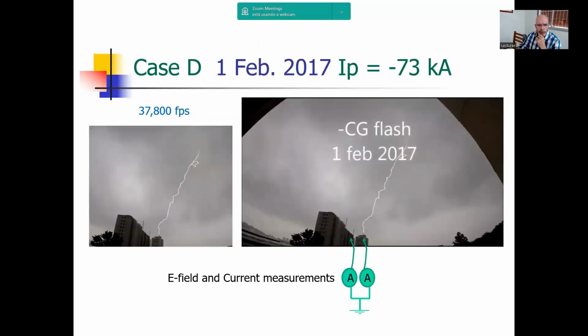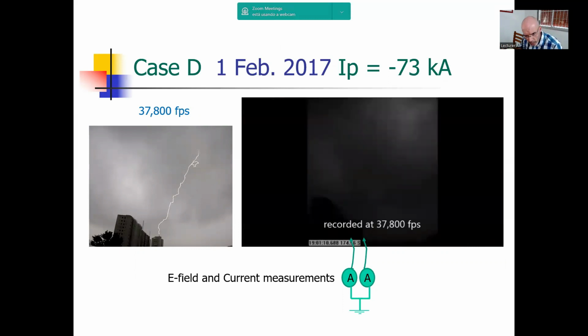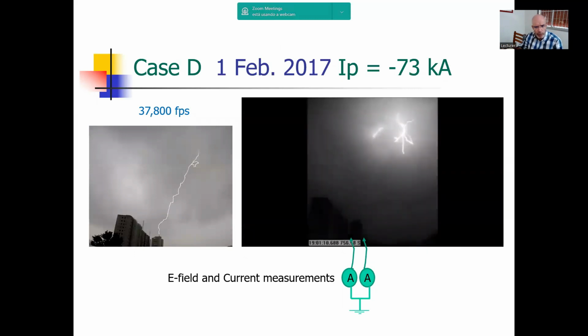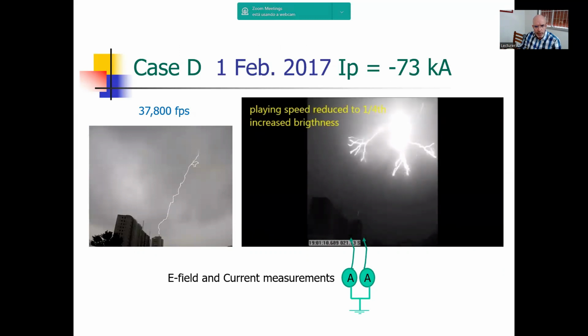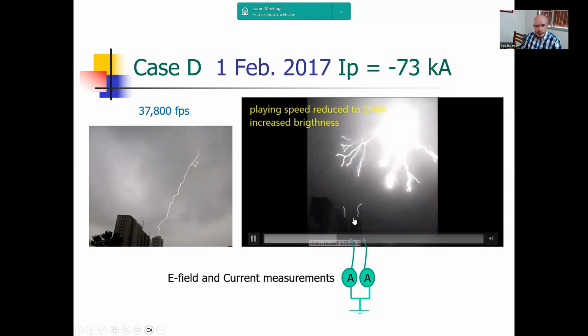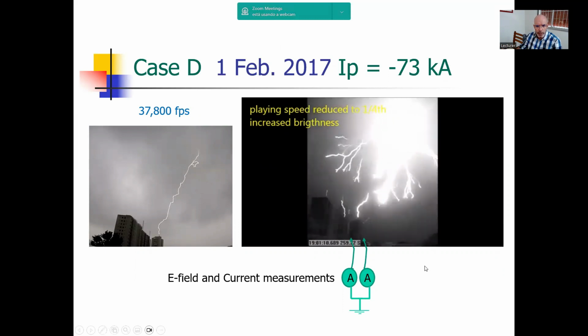Then we have case D, also occurring on a lightning rod of one of these twin buildings. But at that time, we had already installed current sensors on both buildings, lightning rods, vertical masts.